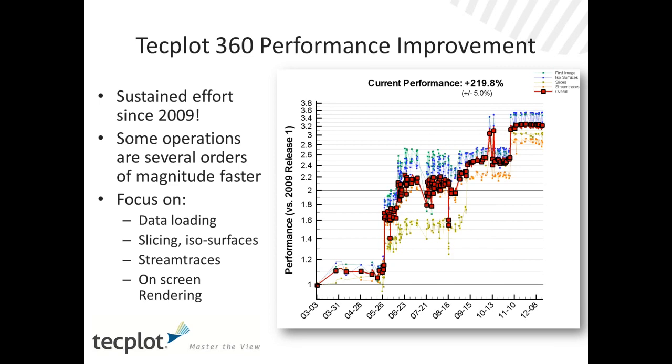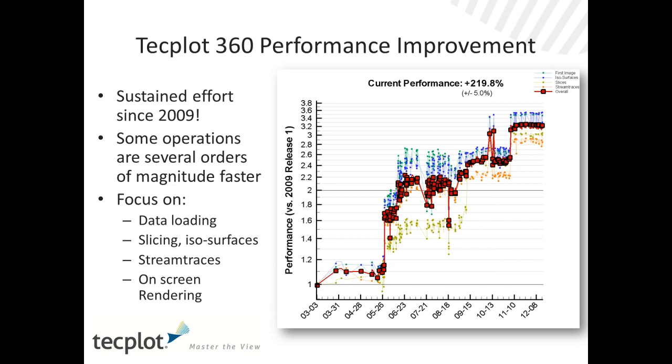And this is just doing a series of small improvements and adding multi-threading in various places, and staging in the loading process, and a lot of things to improve the performance, and that has continued. It was ongoing at a lower level before, and it's continued since.